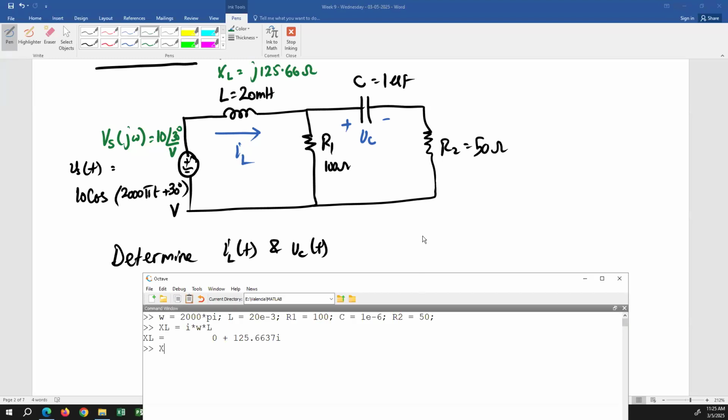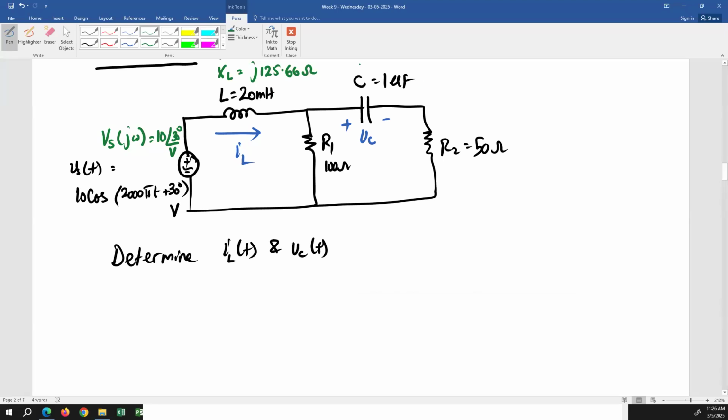And your XC is negative j over omega times C, negative j 159.1549. So XC is negative j 159.15.